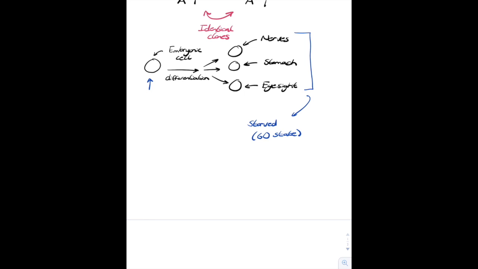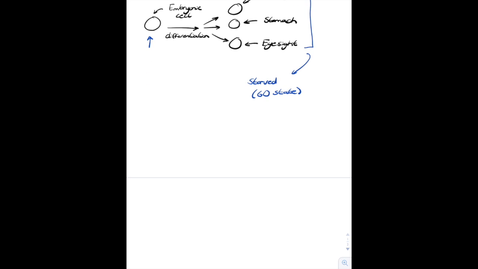So in regards to Dolly the sheep, an egg cell was taken from a sheep and the nucleus was removed from the egg. Electric shock was then used to fuse the starved differentiated cell with the nucleus-free egg cell.